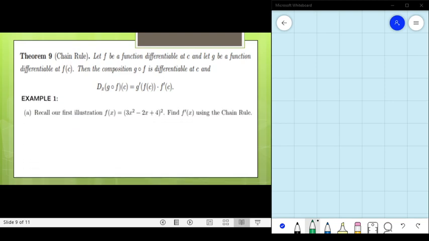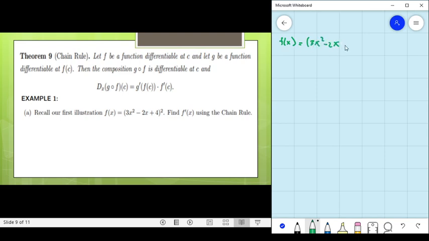Okay, so example, recall in our first illustration that the given is f of x equals quantity 3x squared minus 2x plus 4 to the second power.